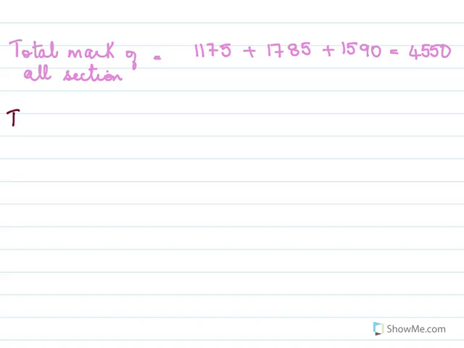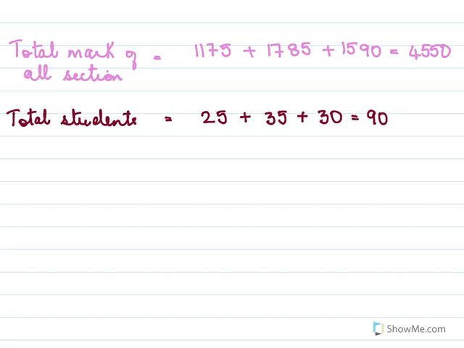Now how many students we have? Total students in section A we had 25 students, section B 35 students, section C 30 students. The total is 90 students.